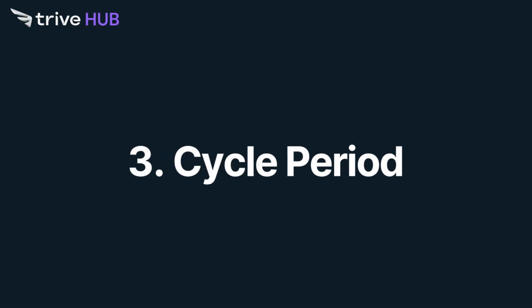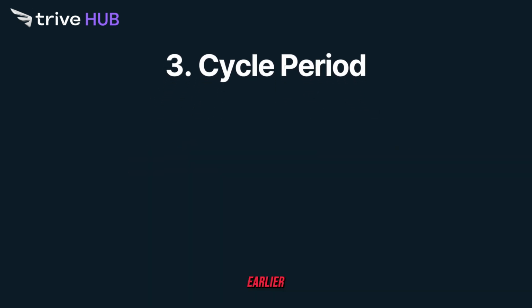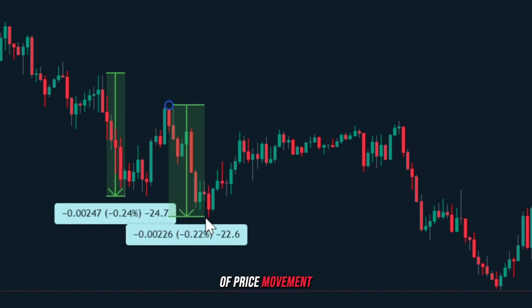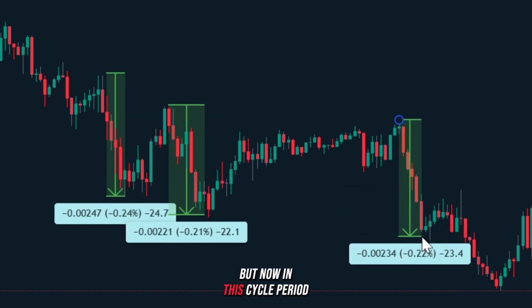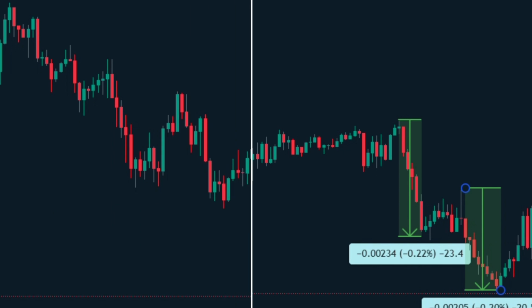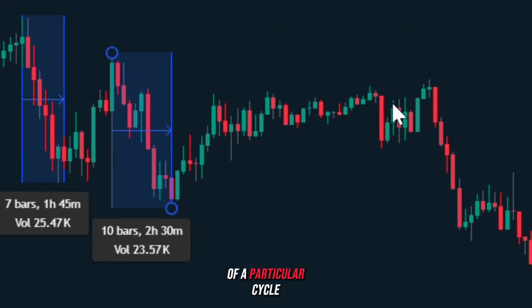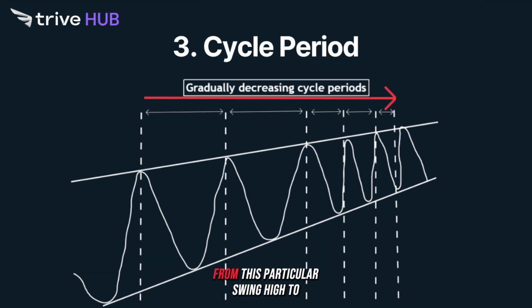The third factor is cycle period. Earlier we discussed the size of price movement, but now in this cycle period factor we have to measure the duration of a particular cycle. Let's say from this swing high to the next swing high, how much time has passed, and then we compare it with the next cycle.